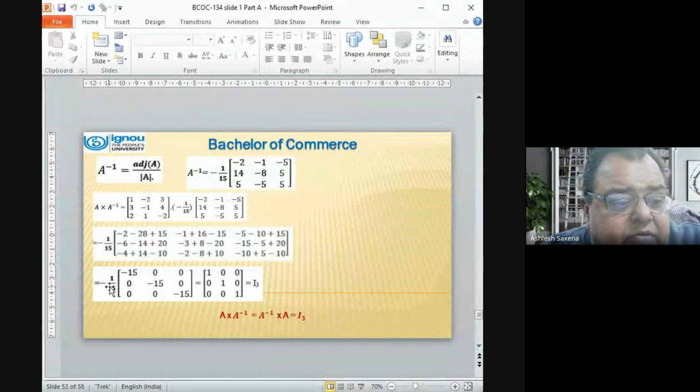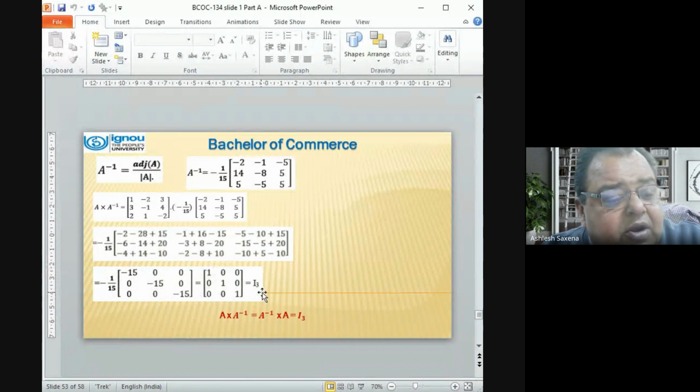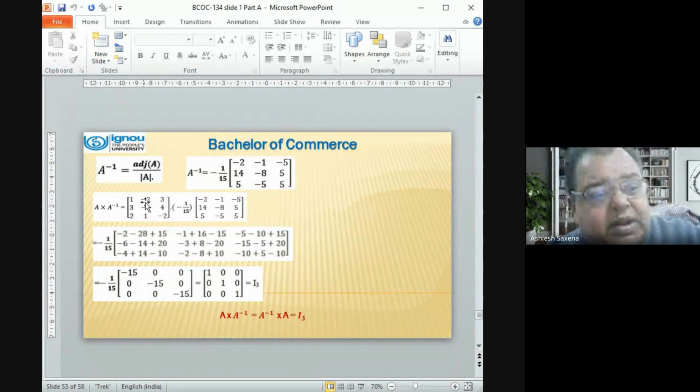As soon as you will take minus 15 out, this will be converted to 15 by 15. Minus into minus will get plus, and you will be left with identity 1, 1, 1 along the diagonal. This is identity matrix of order 3. Similarly, we can reshift it and we will get the same answer.